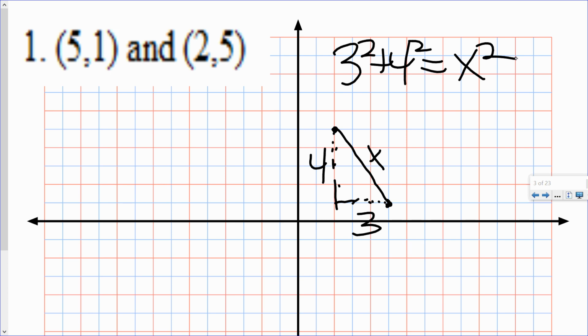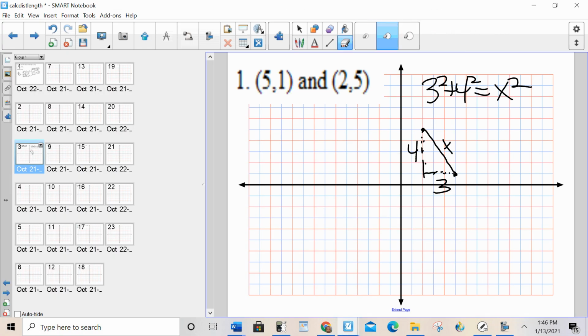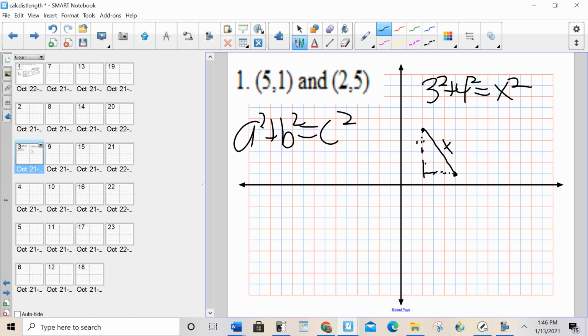Now, check this out. I know that Pythagorean theorem is a squared plus b squared equals c squared. Well, let's start with this leg. This leg is the change in the x values.